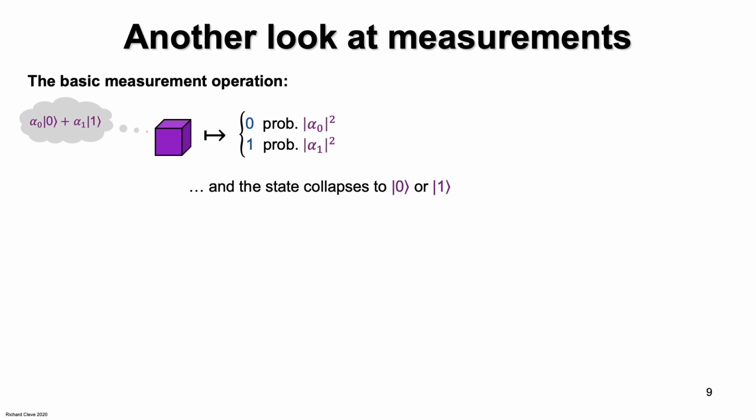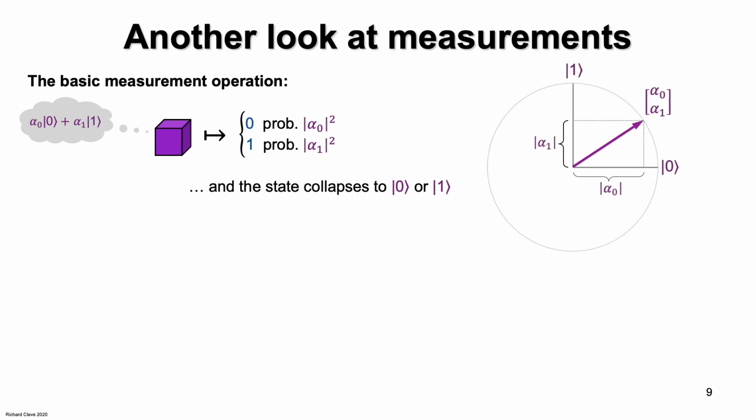Let's look at this geometrically. We have a two-dimensional space with computational basis ket 0 and ket 1. An arbitrary state has a projection on each basis state. What happens is that the state collapses to each basis state with probability equal to the projection length squared.